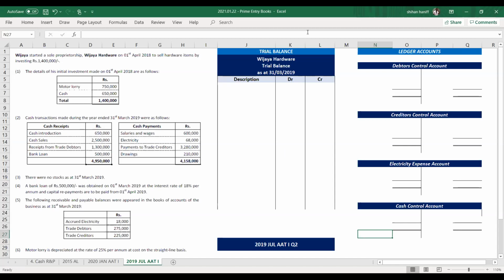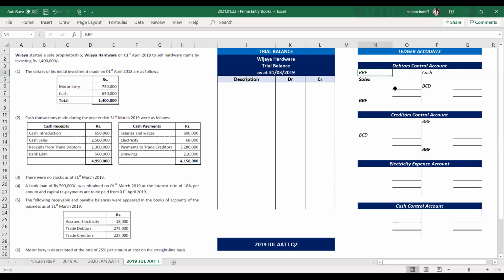Okay, so shall we start? Debtors control. Right. So let's start with debtors control account. It's no opening balance because this started during the current financial year. So we need sales and cash.